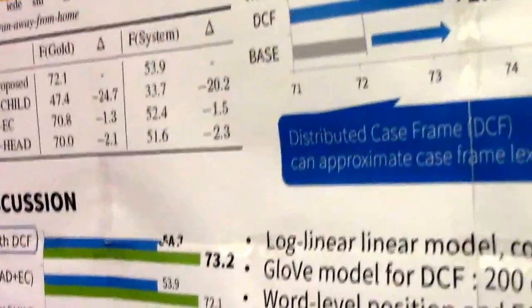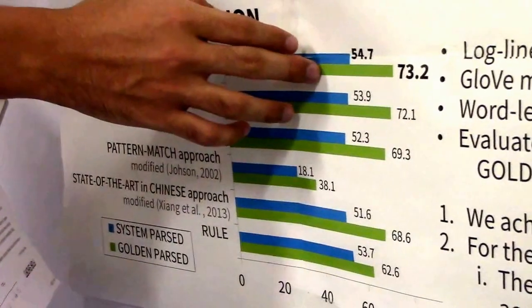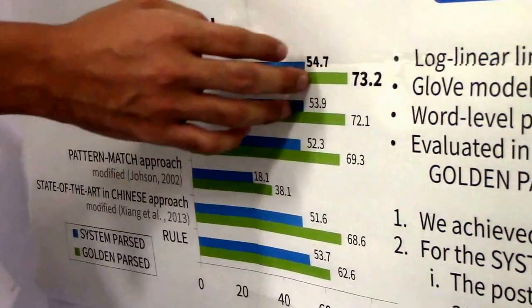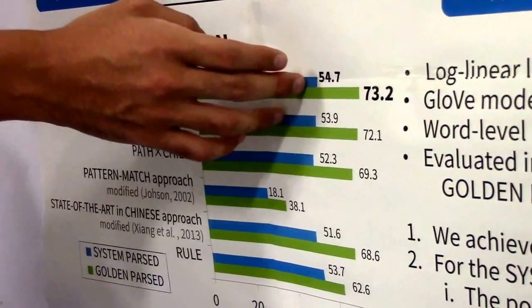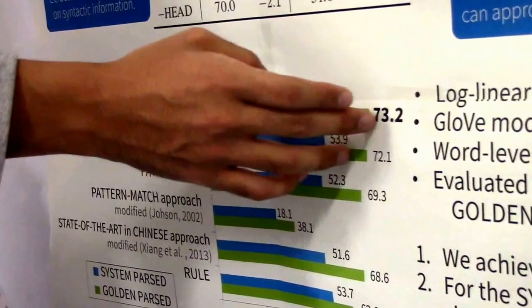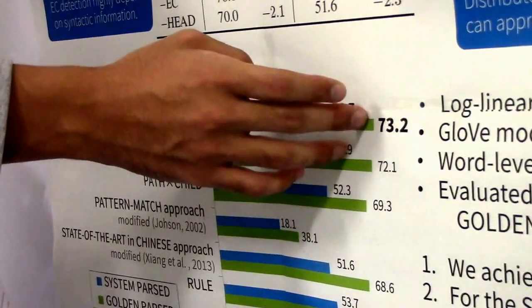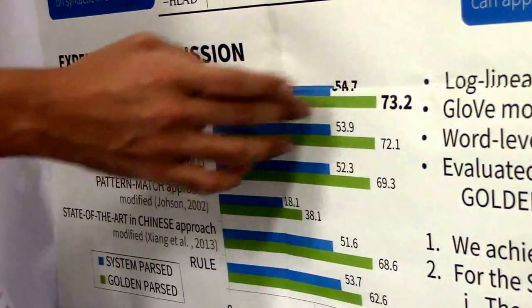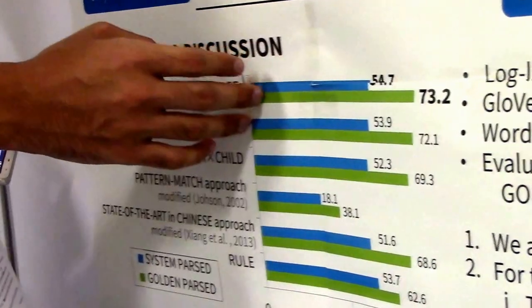But for the system path, shown by the blue bars, the accuracy dropped significantly when changing from golden path to system path.